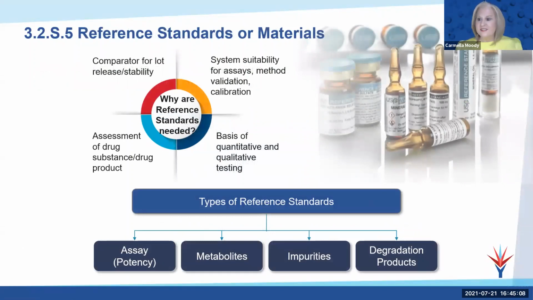Okay, reference standards or materials. For an HPLC method, like an HPLC method is considered an indirect method by the FDA. And what that means is that you're always comparing the data from one batch to your reference standard. So it's always a comparison.